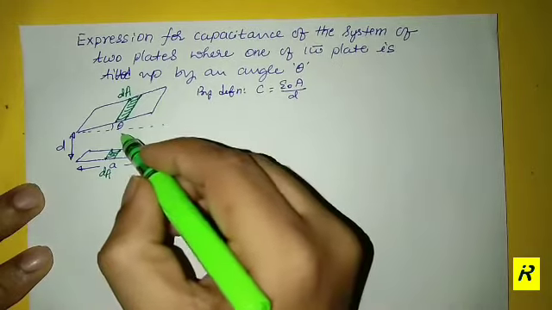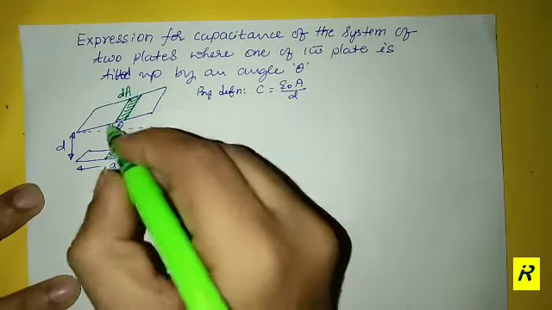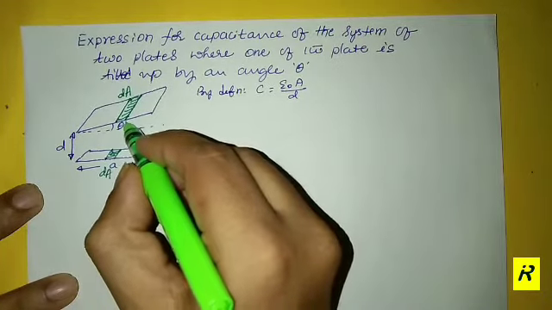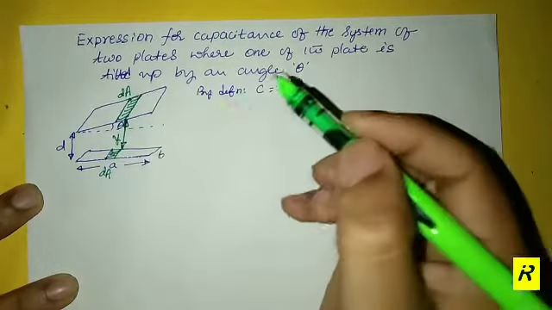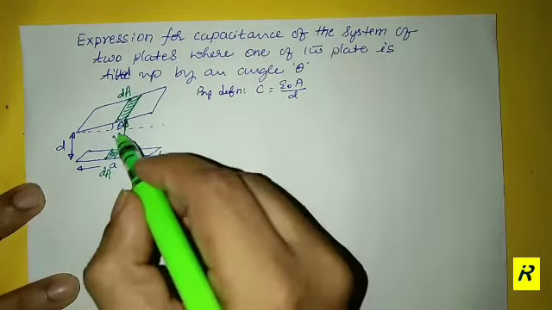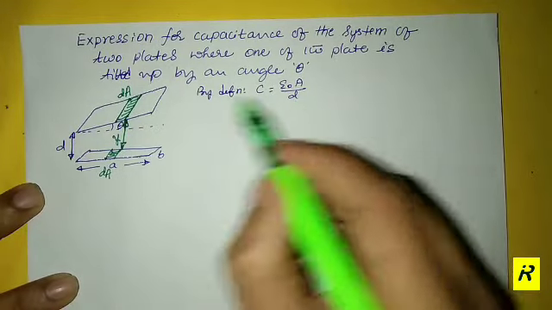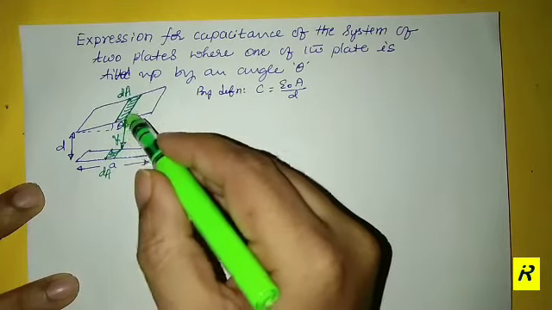Now at this position, the distance between the two plates is y. So we have to get an expression for this y, which becomes the distance between the two plates at the position of the area element.